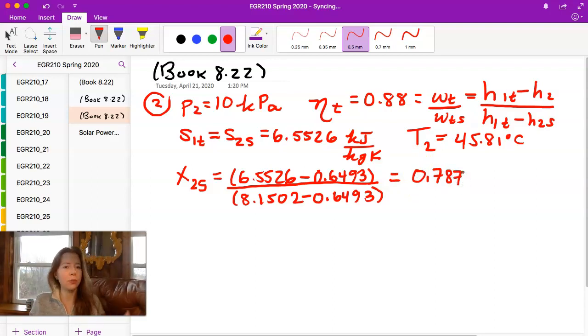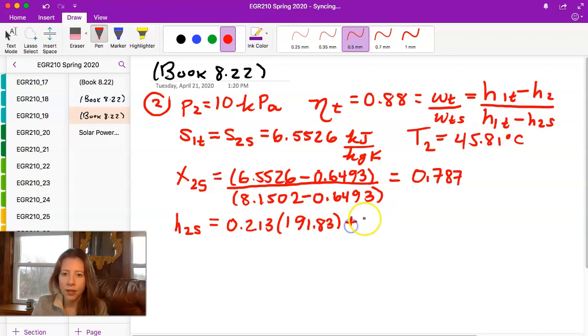So now that we know the isentropic quality, we can apply that to figuring out the isentropic enthalpy. So H2S is going to equal 1 minus 0.787, which is 0.213, times our saturated liquid enthalpy, which was in our tables, 191.83, plus the proportion vapor, 0.787, times the saturated vapor enthalpy, which was 2,584.7.